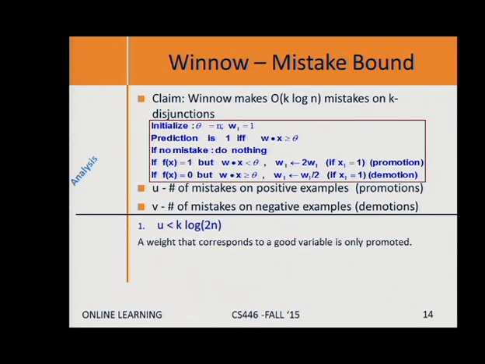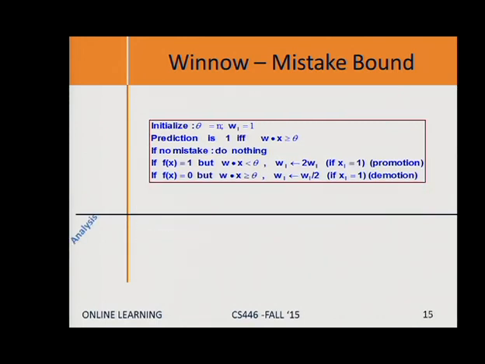A weight that corresponds to a good variable is only promoted. That's because it's a disjunction. And when these weights get to n, there will be no more mistakes on positive examples. Now, the worst case is that the example sequence is going to be such that I'll have to promote each good variable separately. So log 2n or log n, it doesn't matter, for each one. And there are k important variables, so it's going to be k log n. Okay? So very simple proof for this.